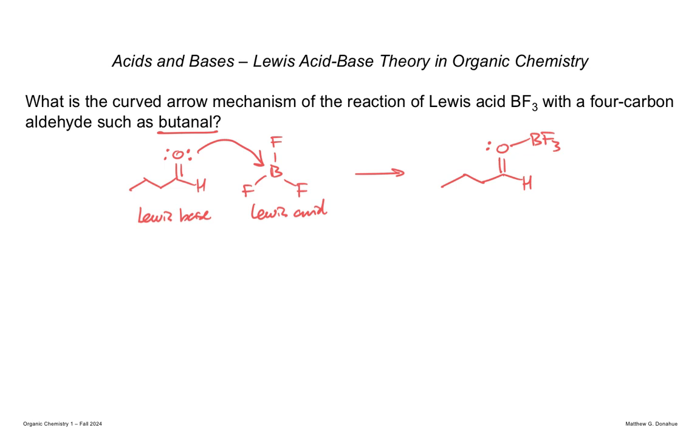So now that oxygen is not in its neutral state, so it has 3 bonds, 1 lone pair. So its charge is going to be plus. Boron now has 4 bonds, so it's going to be negative. And the reason that these reagents exist, if I draw a resonance form, I can shift that plus charge onto carbon.